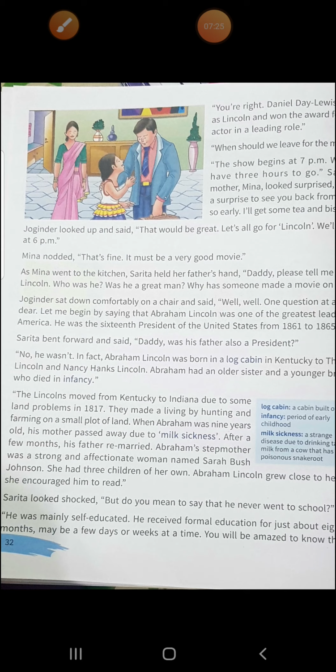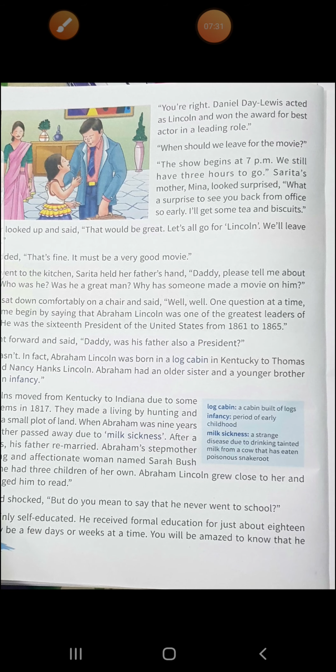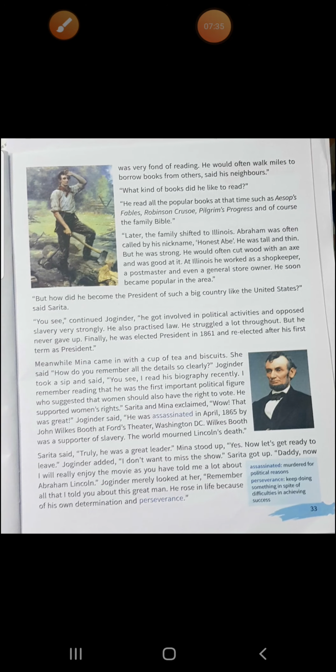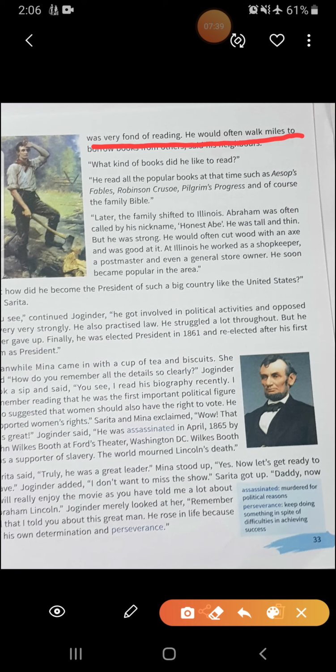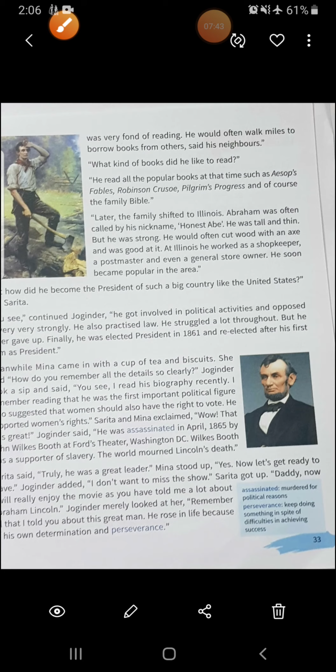He even went to school maybe few days or weeks at a time. Alright. Now see here, you will be amazed to know that he was very fond of reading. He would walk miles to borrow books from others, said his neighbors. He was very fond of reading. Like he loved to read.